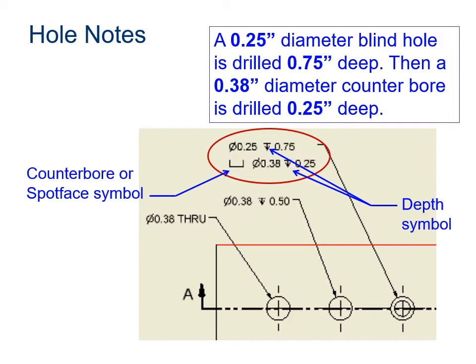Here in this example, the diameter of the hole is given first. The diameter of the hole itself is 0.25, and that hole is 0.75 deep. First we have the hole information, and then if there's an additional countersink, counterbore, or thread information, that comes after the hole itself. You can see the counterbore has its own diameter and its own depth as well.